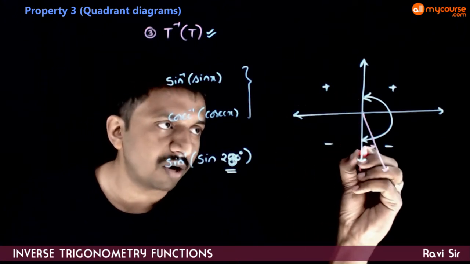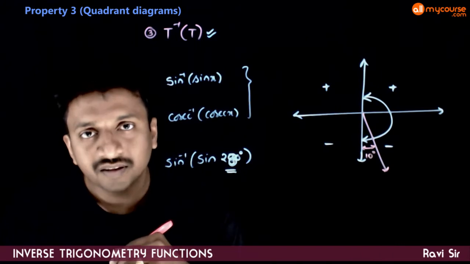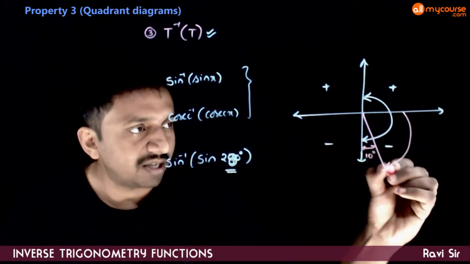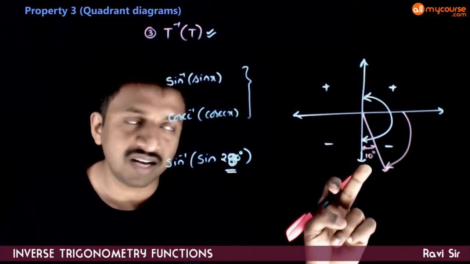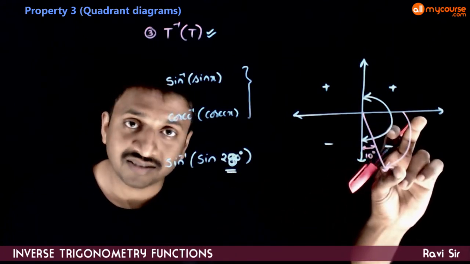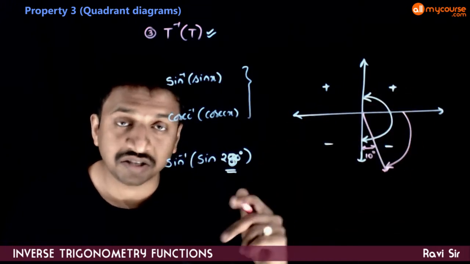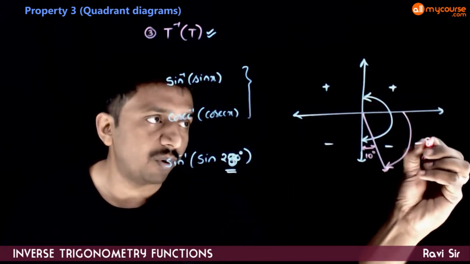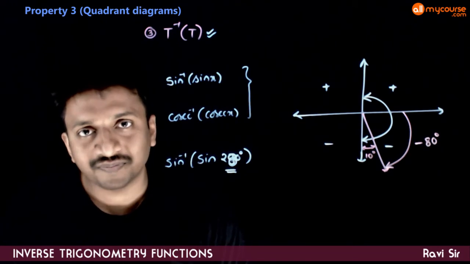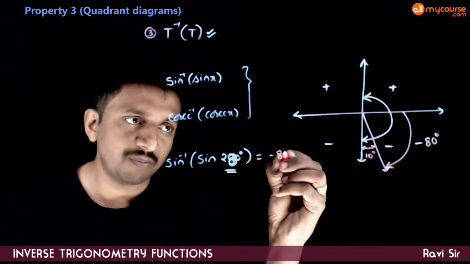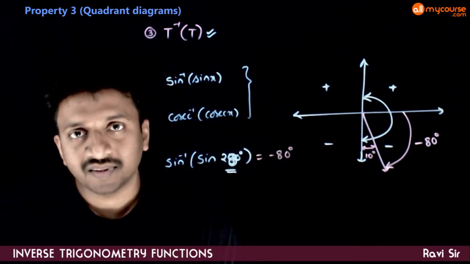So you go an extra 10 degrees, right? Now, what is the standard angle measured corresponding to this ray? If this is 10 degrees, this angle is 80 degrees, but this is measured in the clockwise direction. So the angle has to be reported as minus 80 degrees.